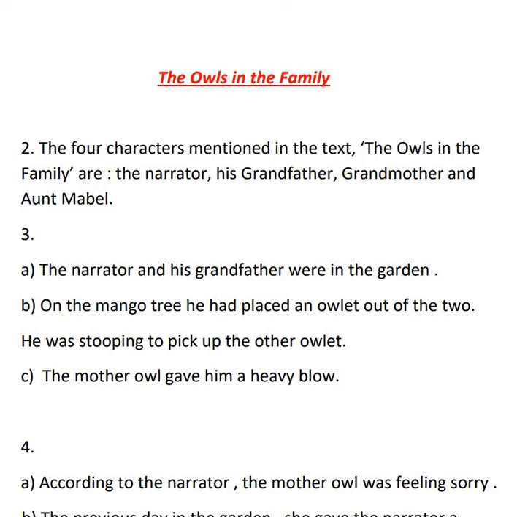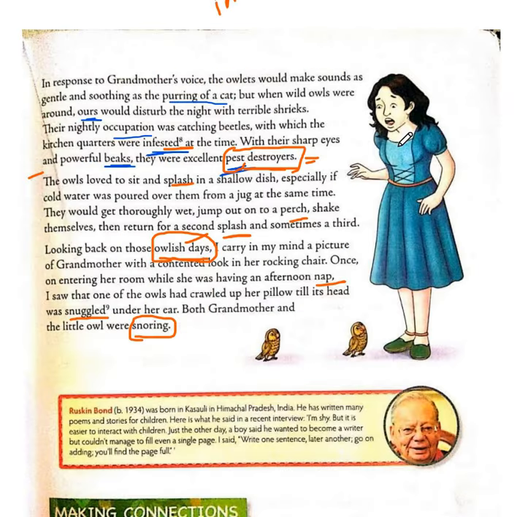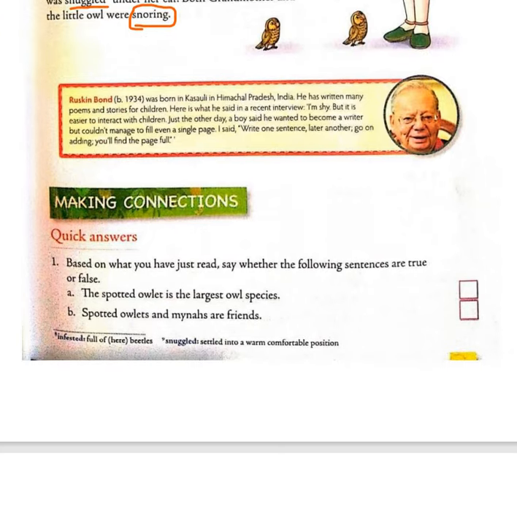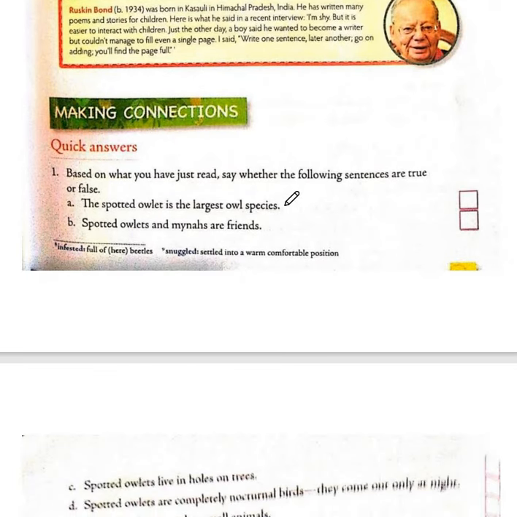Before this one, the first we are having are the true false questions. The first one is: the spotted owlet is the largest owl species. No, the spotted owlets are not the largest owl species. They are rather the smallest.